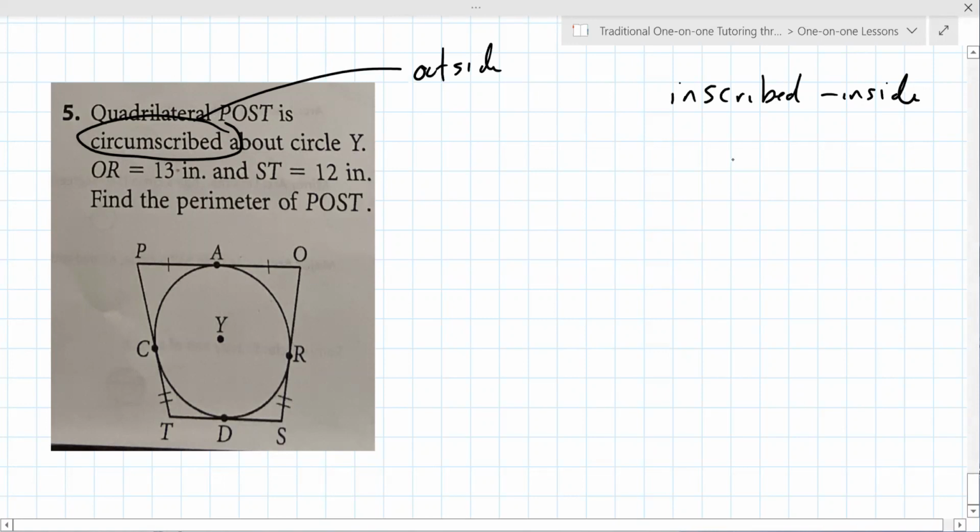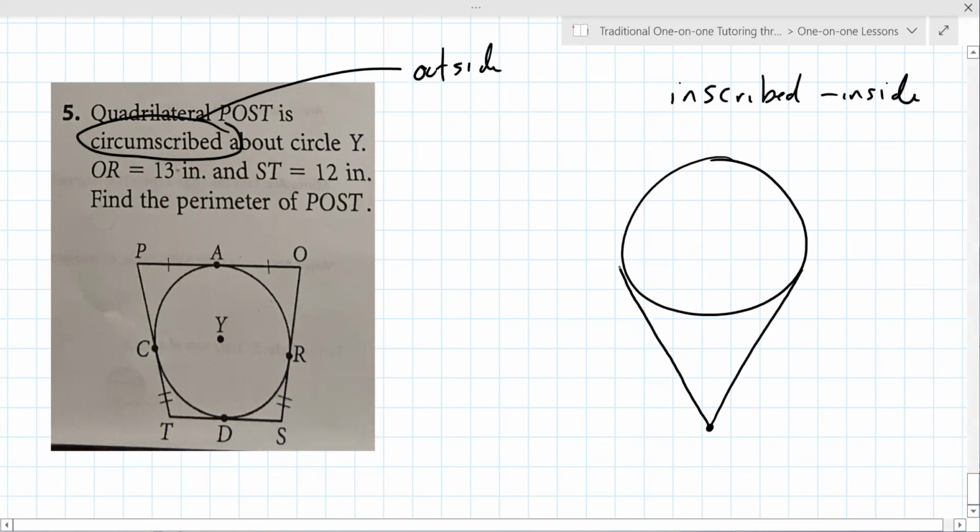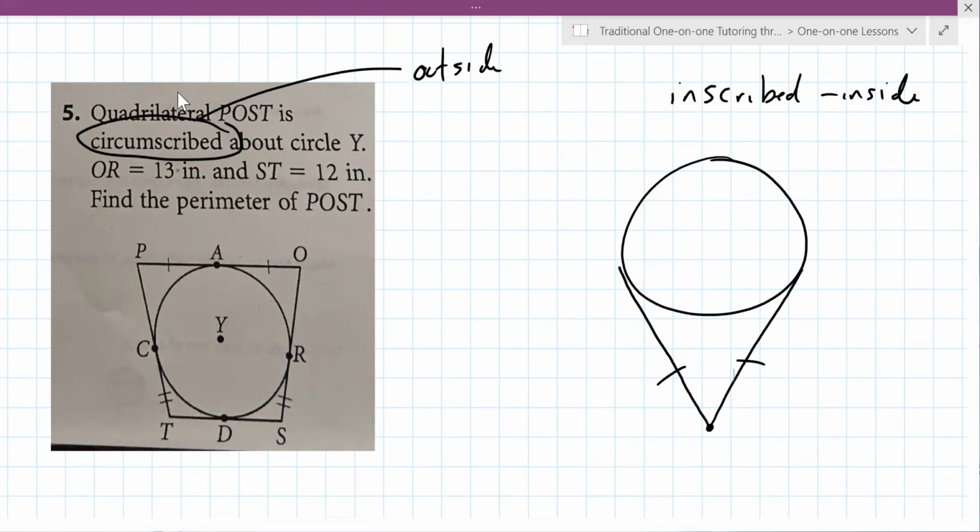If you have a circle and a point outside the circle, and you draw two tangents from this same point, these tangents are always congruent. Those two tangents are always congruent.